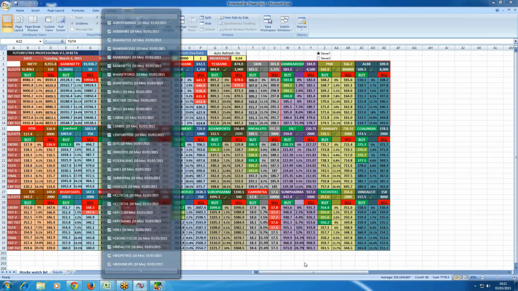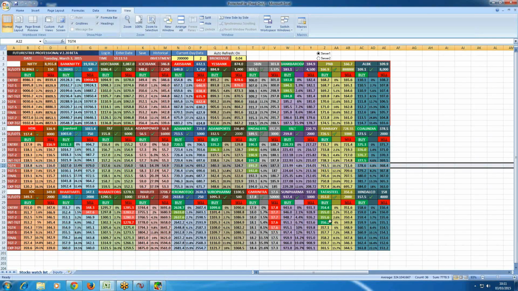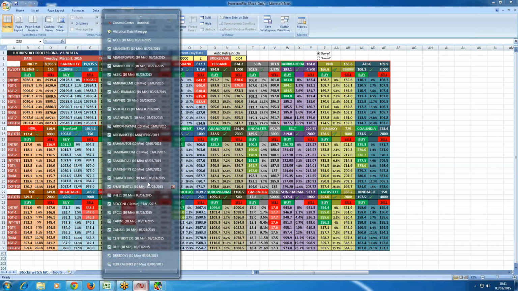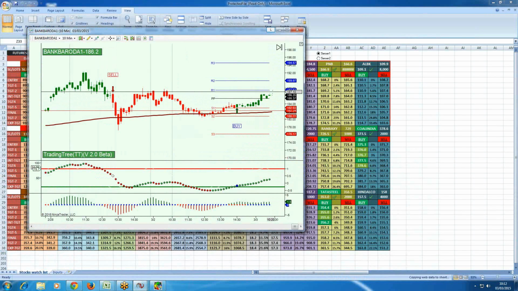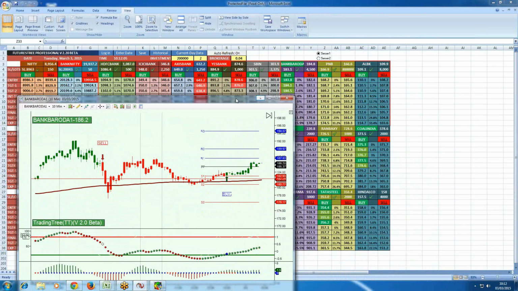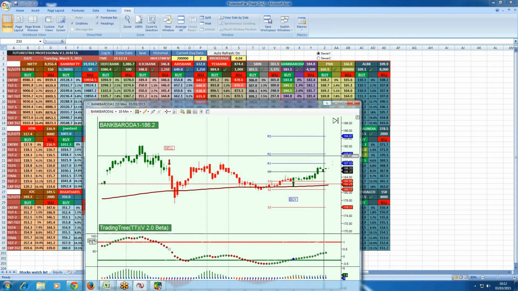Okay, I haven't opened Coal India, but you can check Bank of Baroda, because it has done its intermediate target levels and it's still there. So you don't have to prematurely exit your trades this way.